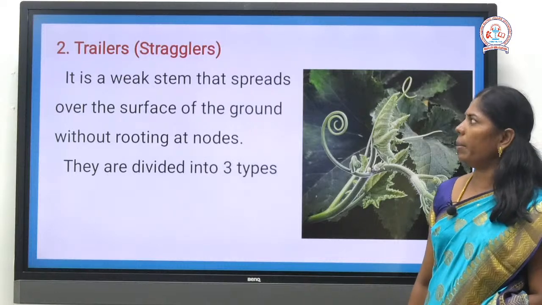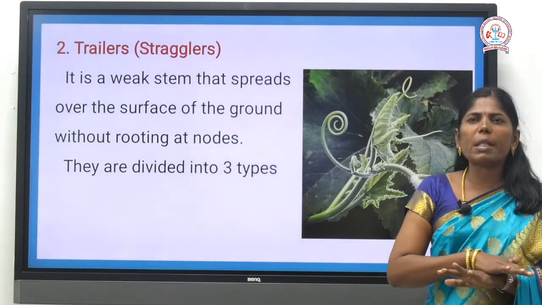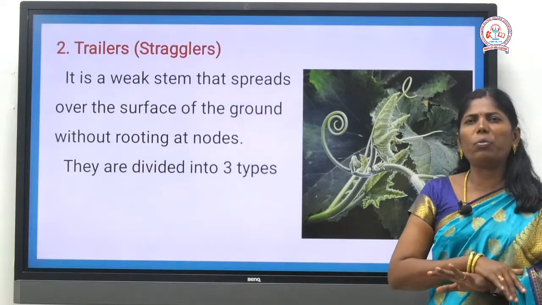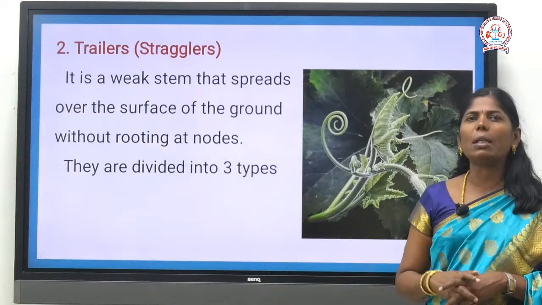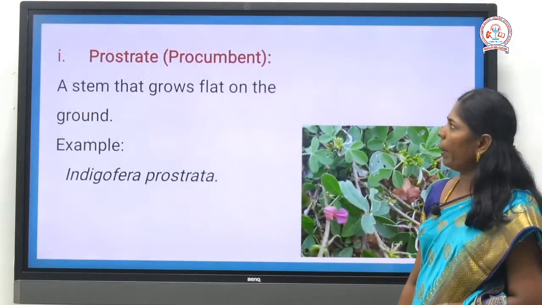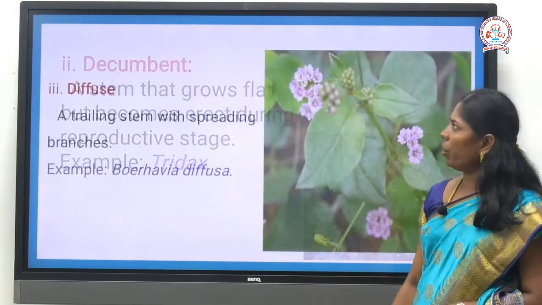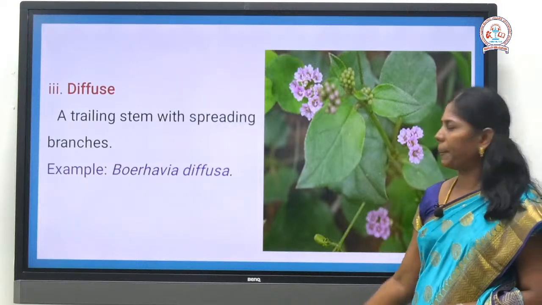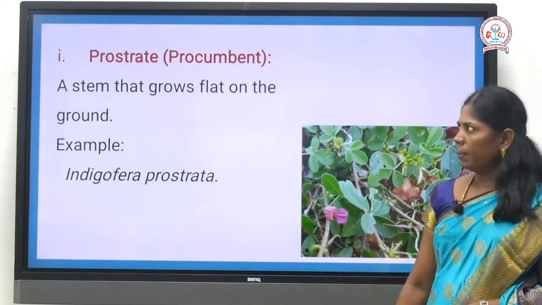Next, trellis is a very weak stem that spreads over the surface of the ground, otherwise called stragglers. Under trellis we see 3 types: number 1 prostrate, number 2 decumbent, and number 3 diffuse. What are prostrate and decumbent?